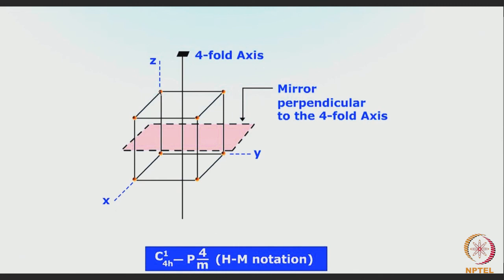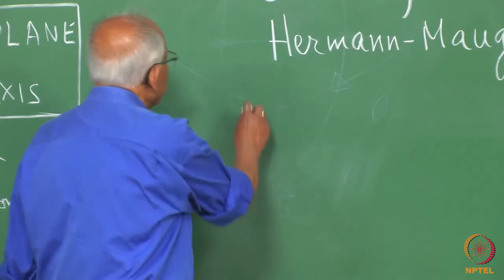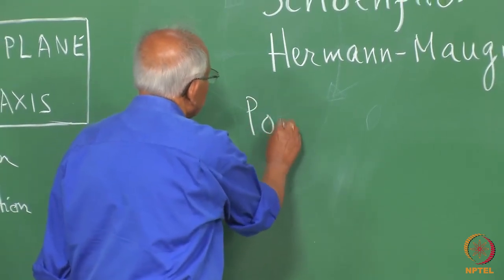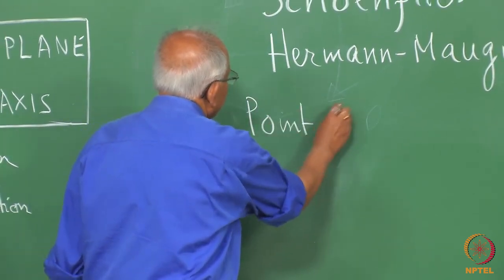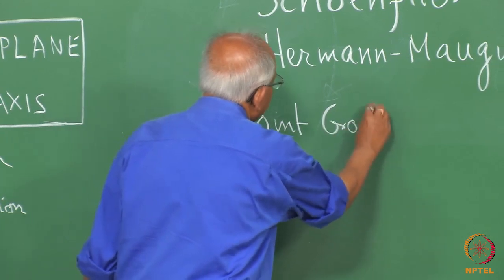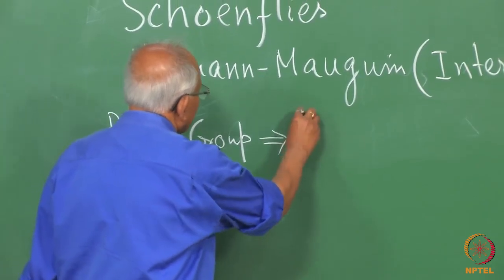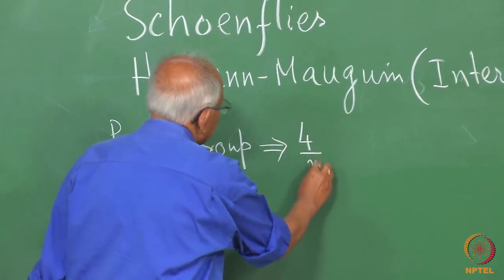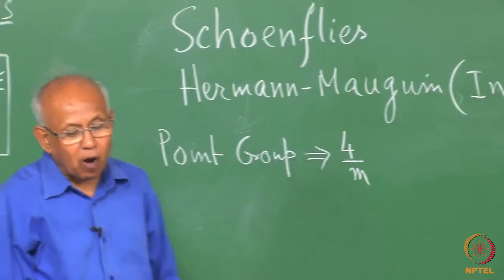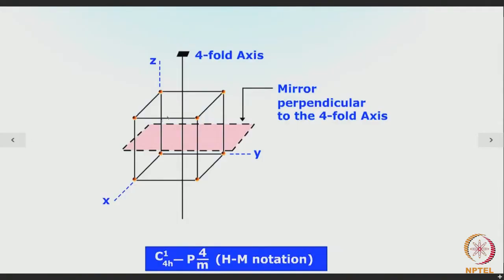So, in this particular case, the underlying point group can be described, according to the international notation, as 4 by m. So, at each lattice point here, we can assume that there is a four-fold rotor acting with a mirror perpendicular to that. So, that will give us an idea about the distribution of atoms around the lattice points.